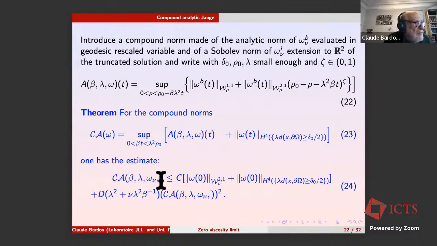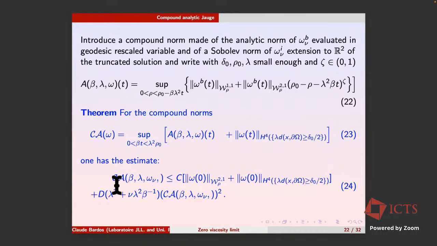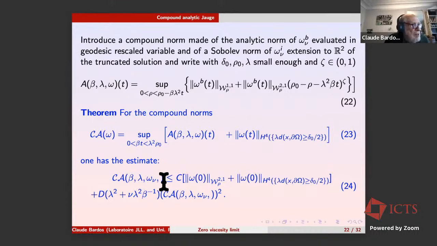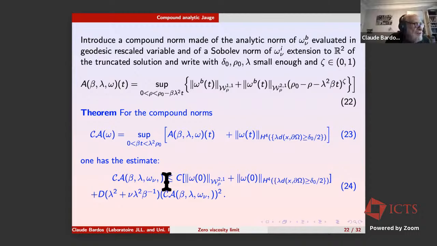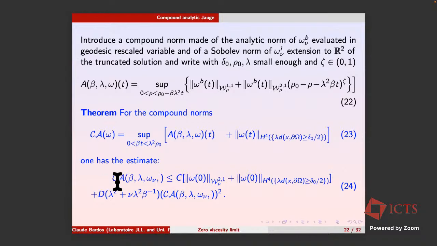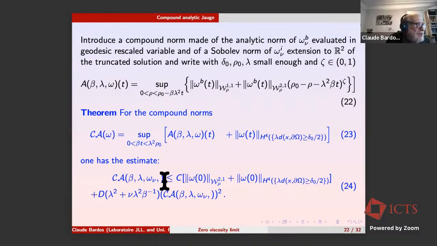You have a function which depends on the time. Then you have a constant, and you have the square of this function with a coefficient. I call this quantity x of t, say.